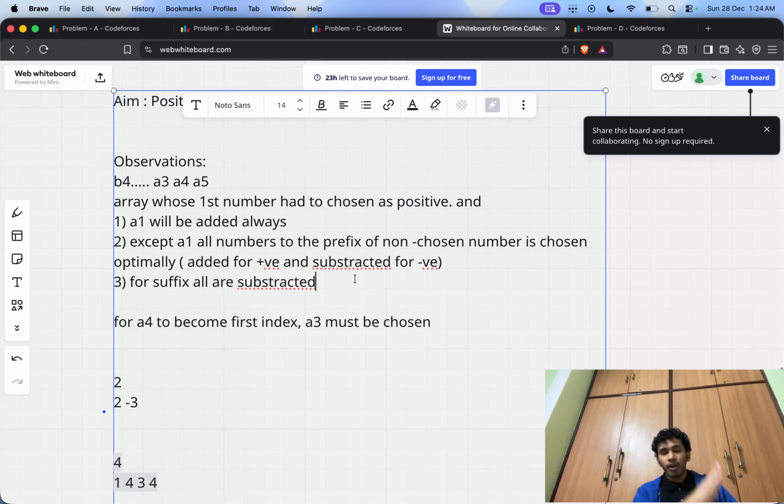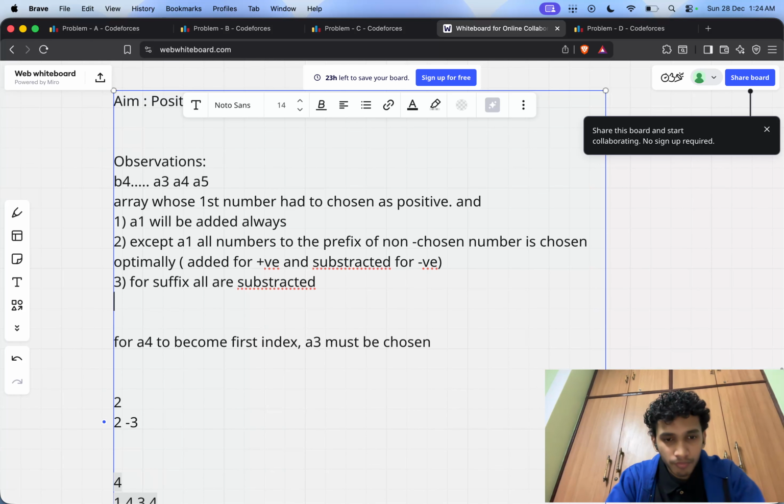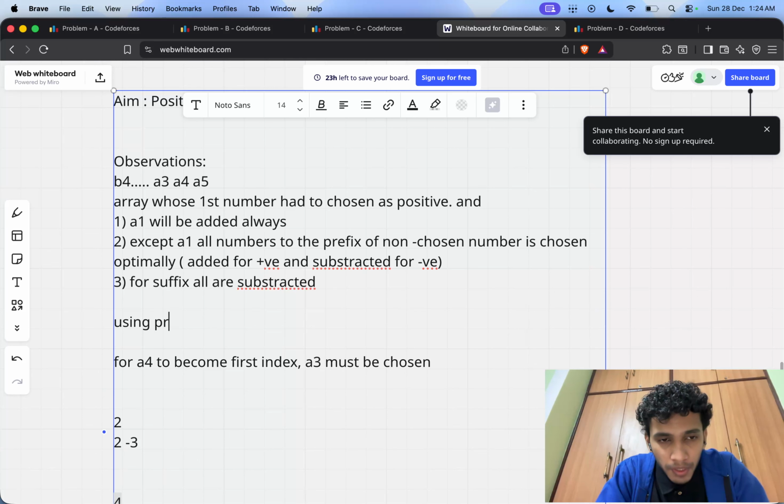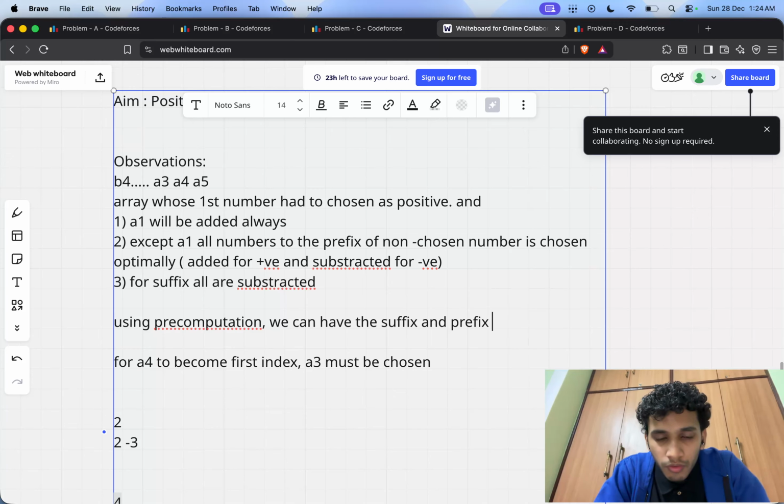So using pre-computation, we can have the prefix value contribution for each index.